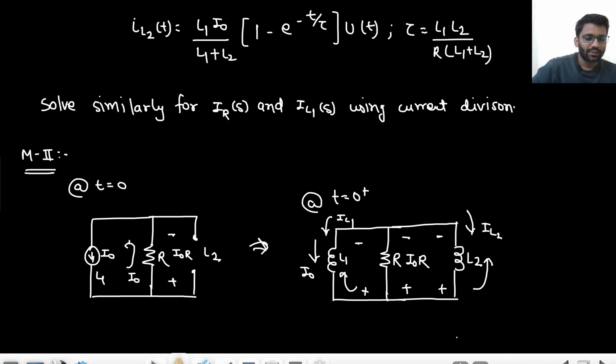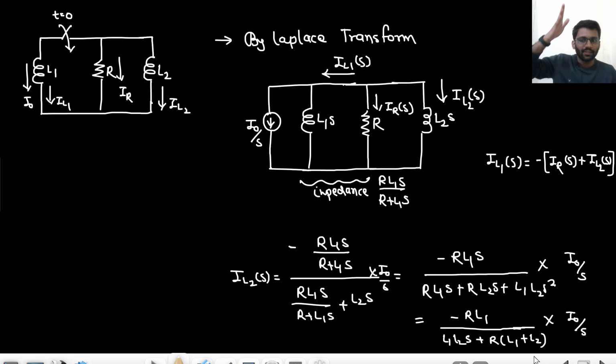So are you getting my point? What is actually happening? Look, initially the inductor L1 was having I naught current. Now the same current was flowing through the resistance. So because of that, the current in L2 will increase, but in the negative direction, and the current in L1 will decrease.